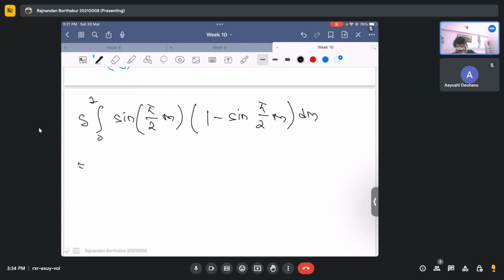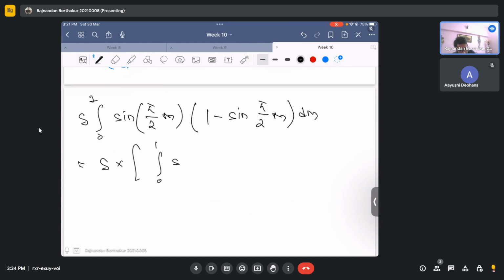So this is now an easy integral to evaluate, because you can just write this integral as integral 0 to 1 of sine pi by 2m dm, minus integral 0 to 1 of sine square pi by 2m dm.